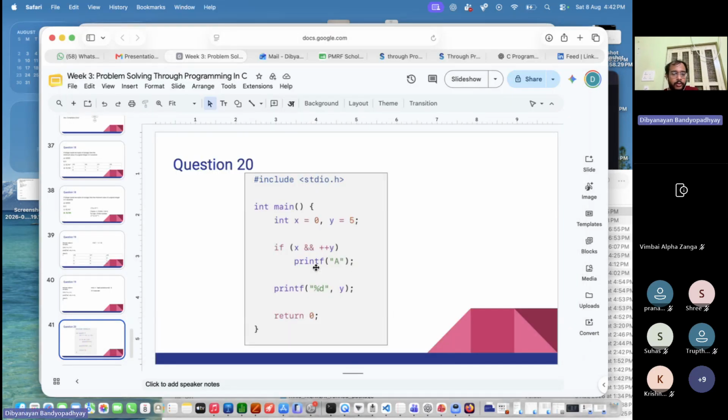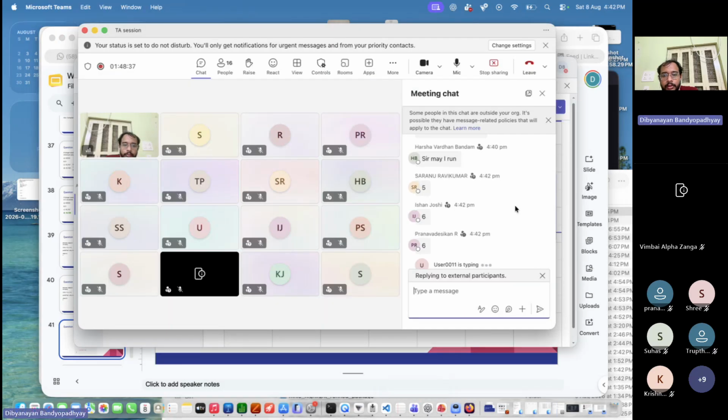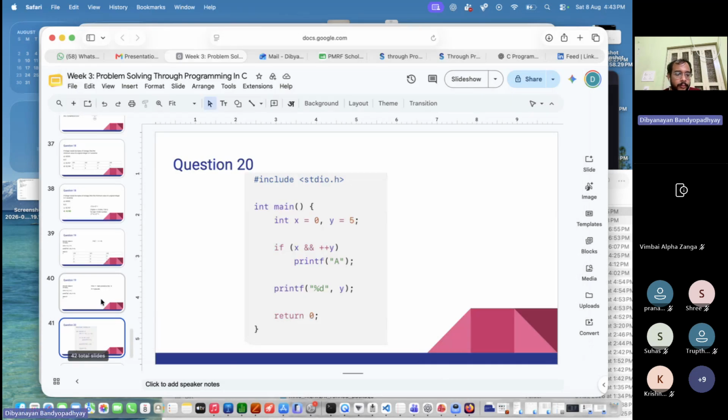So try to solve it in the meantime. 6, 6. Okay.